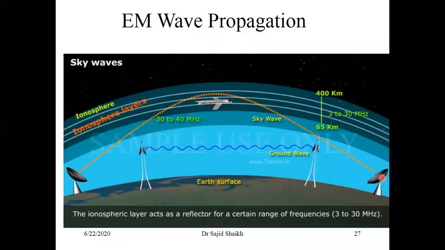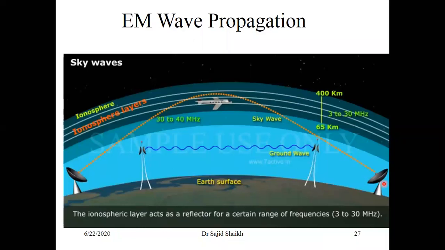Here the transmitter and receiver stations are not visible to each other, but still we are getting the signal. The transmitter transmits the signal towards the ionospheric layer, and the layer reflects it. This is how skywave propagation occurs.